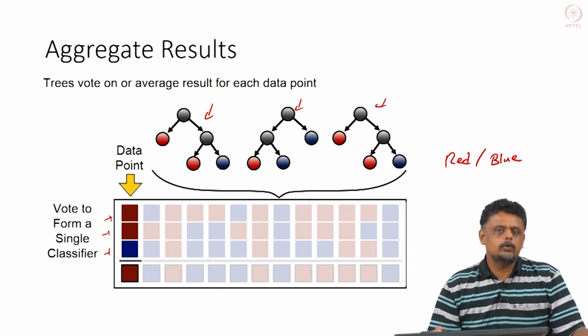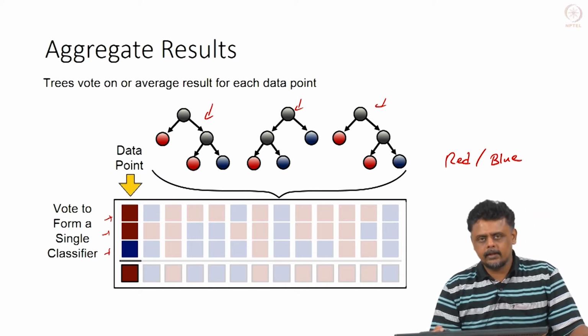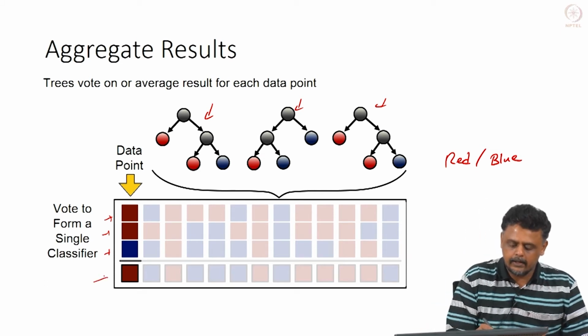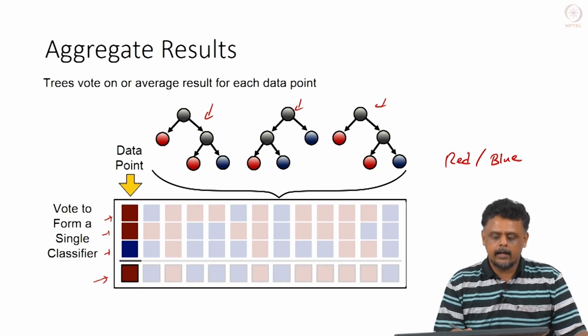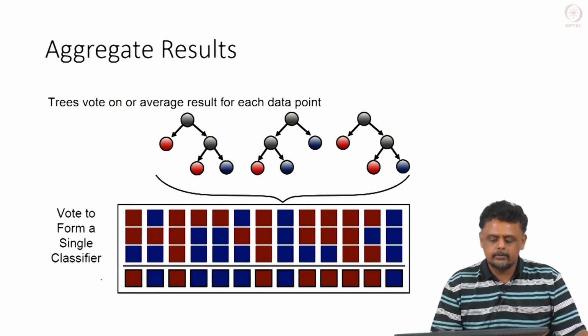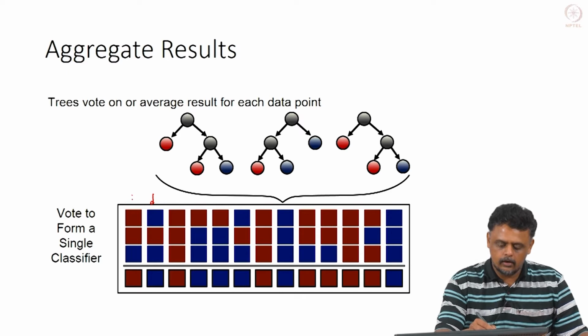Okay. So, for a classification task you can just do the maximum or voting scheme. Since red gets the maximum number of votes, you would classify that particular data point as red. Similarly we can do this for all the data points. Each one of these columns is a data point.